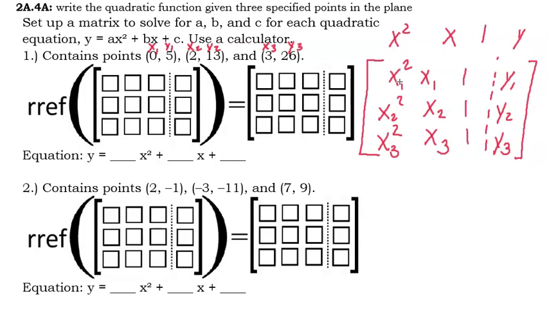So, x squared for the first x would be 0 times 0. That's just 0. And then x would just be 0. These are all 1, so we can just fill those in. And there our y1 is 5. For the next row, we have 2 times 2, that's 4.